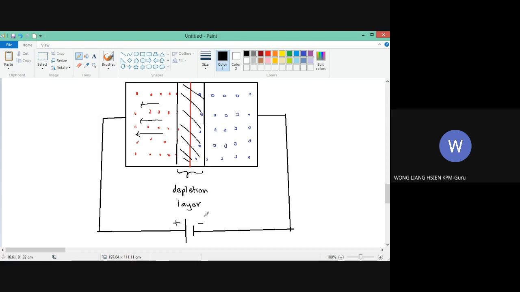This negative will attract the hole. We said the hole represents a positive charge, so positive charge can be attracted by the negative terminal.